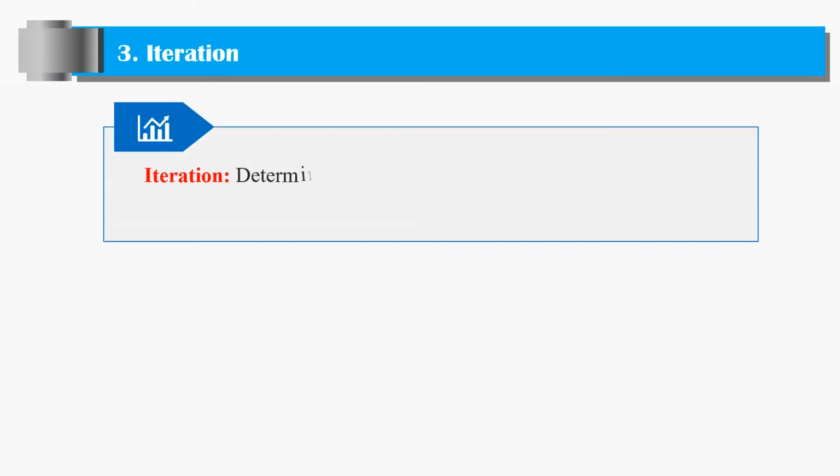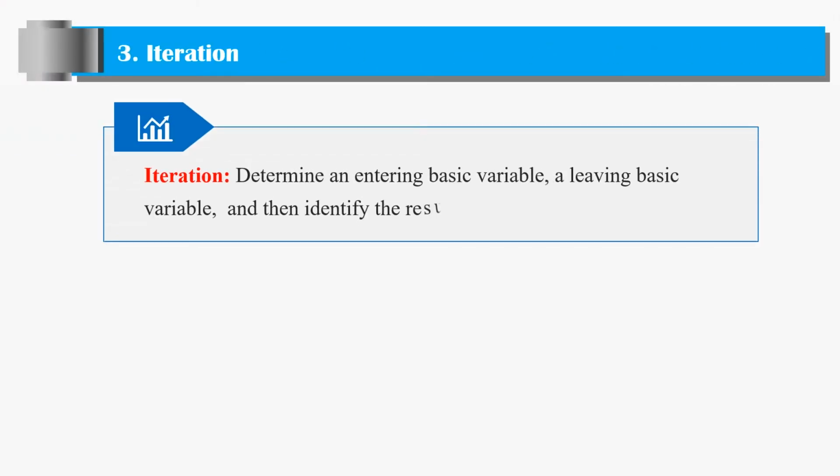Then we go to the third step, iteration, which is to determine an entering basic variable, a leaving basic variable, and then identify the resulting new BF solution.